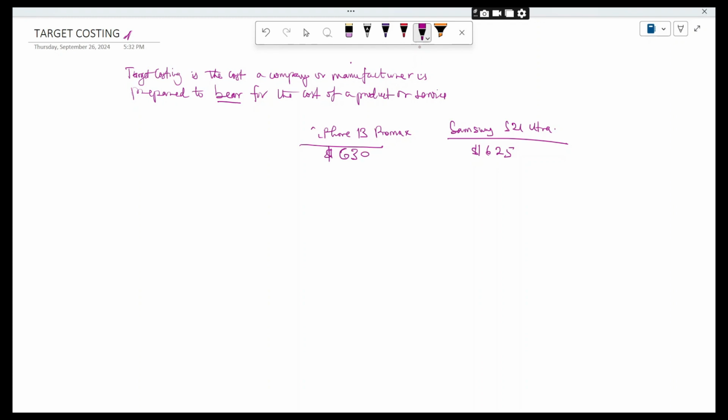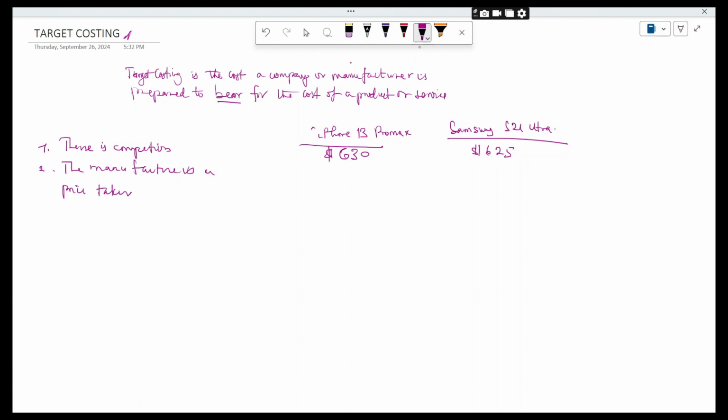Now, why would a company decide to use target costing? There are several factors. The first one is there is competition. Two, the manufacturer is a price taker.